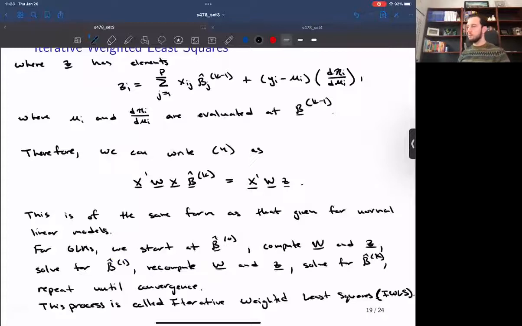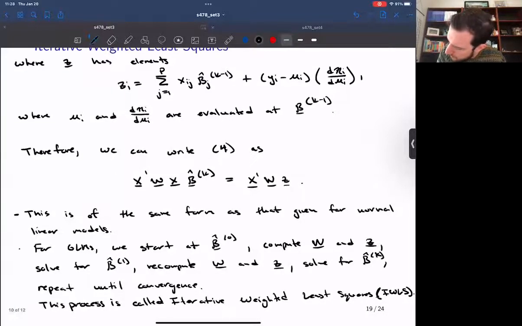Cool. All right, so what we have now done is established how we can update the parameters of our GLMs.